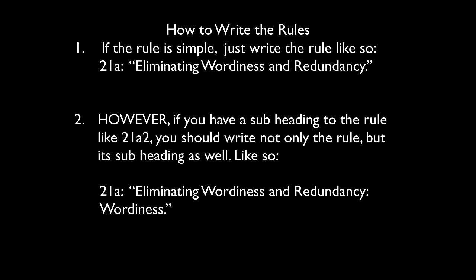So if you have a subheading, like, say, 21A2, you write not only the rule, but its subheading rule as well, like so. The first thing before the colon is the 21A. The one after the colon is the 21A2. Any questions? Okay.